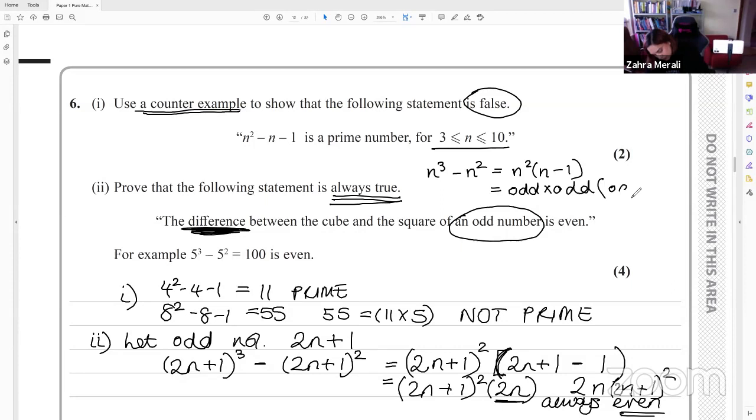And here we've got an odd take away 1. Now an odd times an odd is an odd, but an odd take away 1 is always an even, and an odd times an even is always an even. So if you can think about odds and evens in that way, that's another way to do it. So there's 2 options, there's probably more, but those are the 2 that come to mind, and those are a way that you could do that question.